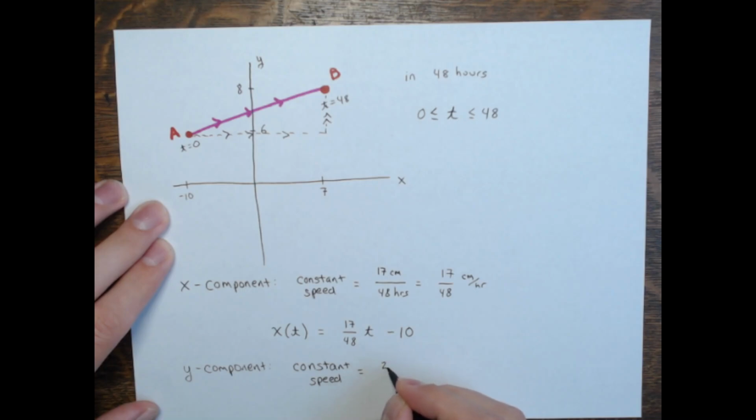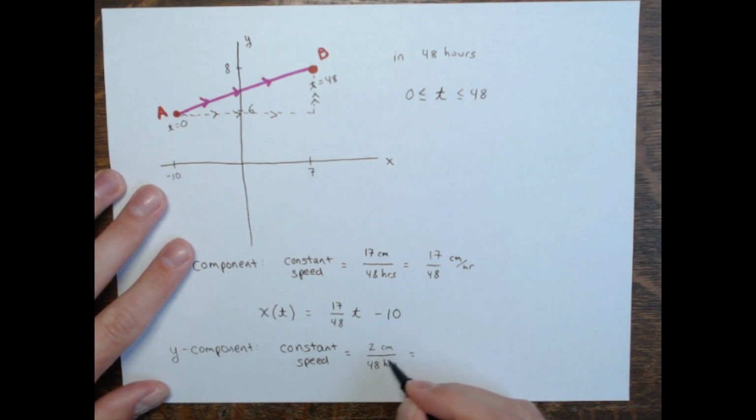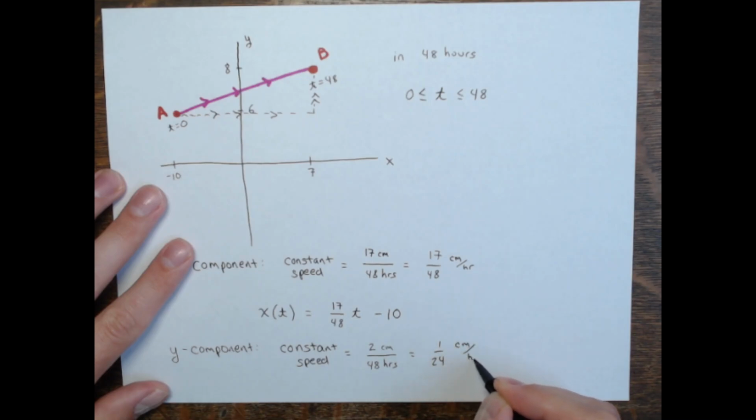So that's an increase of 2 centimeters in the y direction over that 48 hours. Now 2 does go into 48 evenly, so you can reduce this, where 17/48 couldn't. So the rate at which the y coordinate is changing is 2 over 48, or 1/24 centimeters per hour.